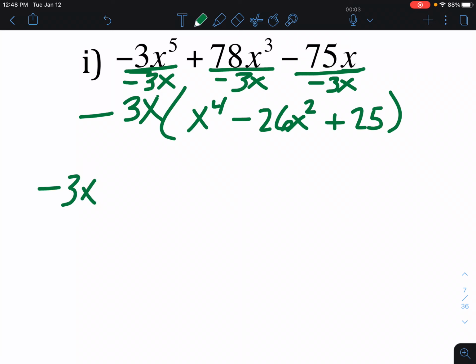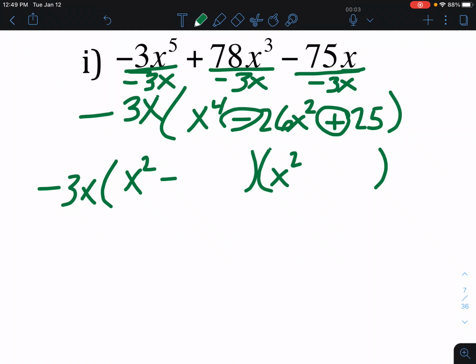I have a trinomial to a higher degree, so I'm going to split that into two binomials. X to the 4th is x squared in both. My signs. C is a plus, so that means they're both the same. They're both minus, minus. Two numbers that multiply to get 25 and add up to 26 are 1 and 25.